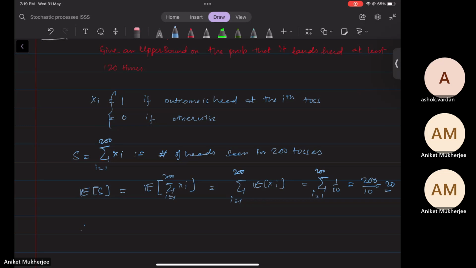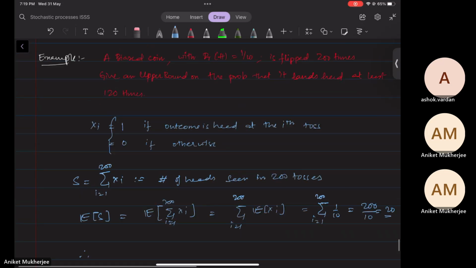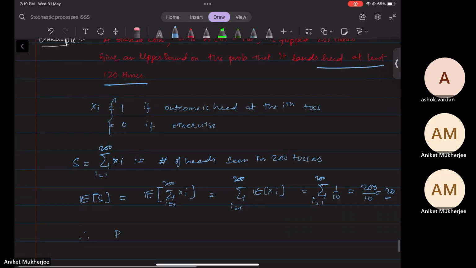Is that clear? Now, the question asks for the number of times you see head being at least 120 times. So the probability that S is at least 120 is the event that S is greater than or equal to 120. You could see something more than 180, but you must see at least 120 heads. So that is the event.